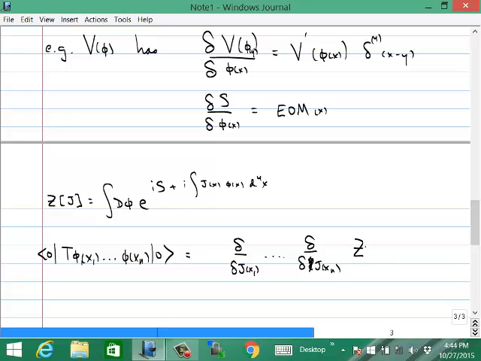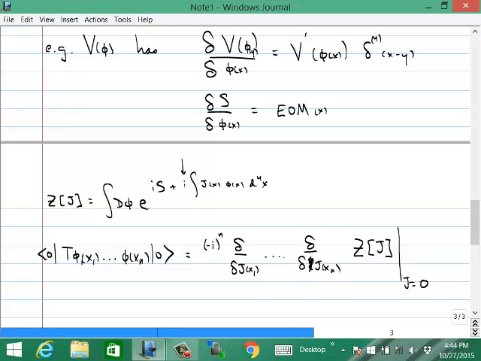In particular, if you want to compute an n-point function, you'll need to take n partial derivatives and then set J equal to 0. And there's a factor of i right here, so we should really divide out by that factor of i. So I'll put a minus i to the n.